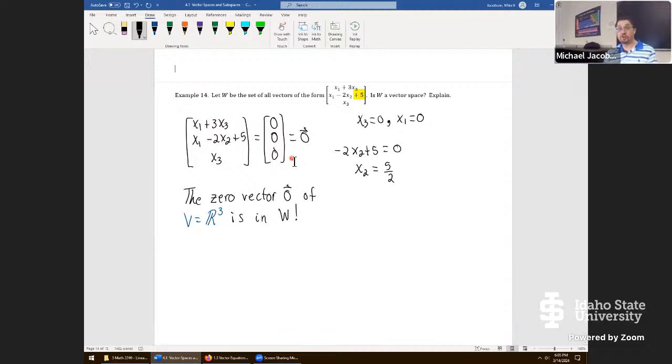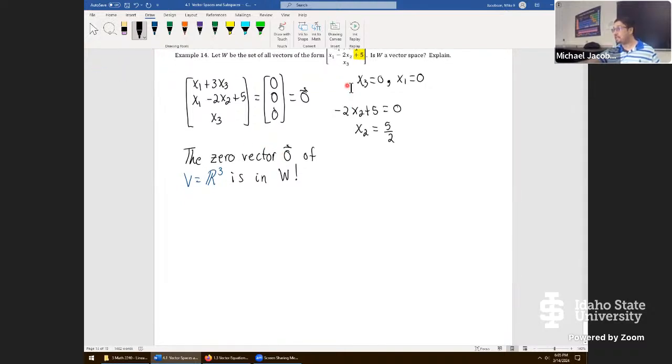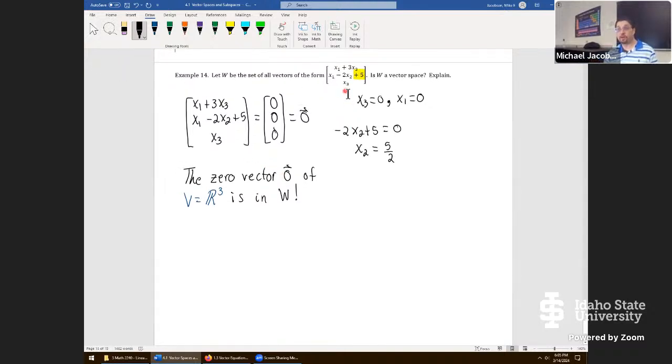You're still correct. There is no way that this is actually a vector space. It's not a subspace of R3 or anything like that. But showing it is going to be a little bit more difficult. Instead, let's try to show one of the closure properties is going to fail. Vector addition means I need to write out two vectors like this. That's kind of tedious. So instead, let's show that scalar multiplication actually fails.